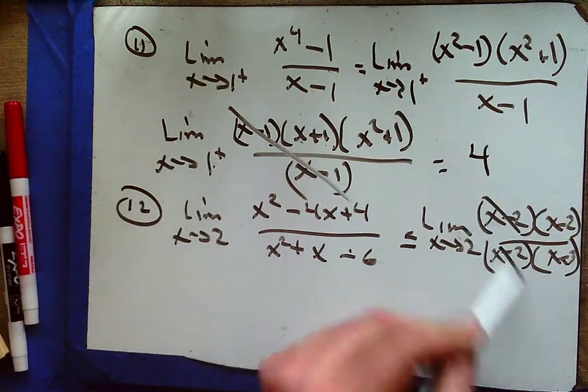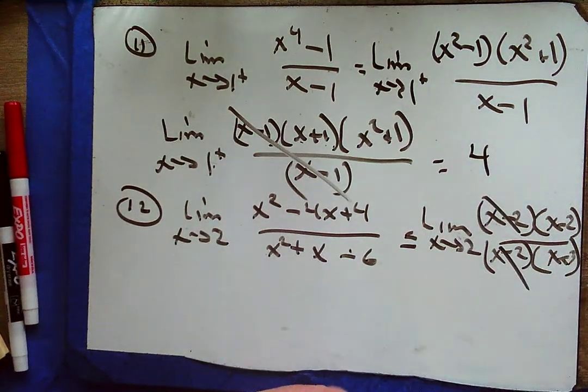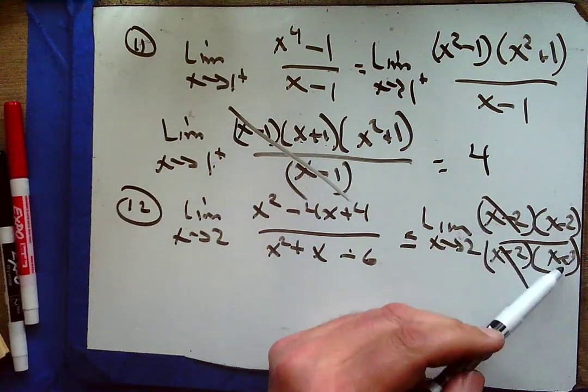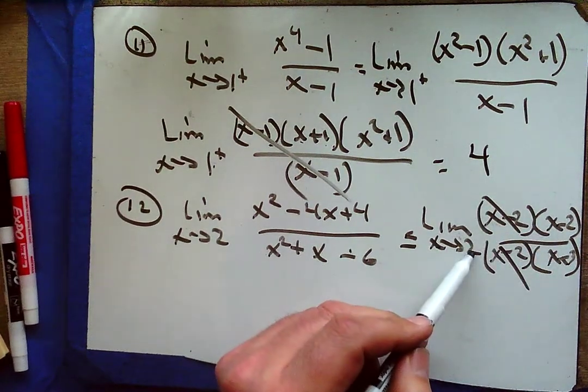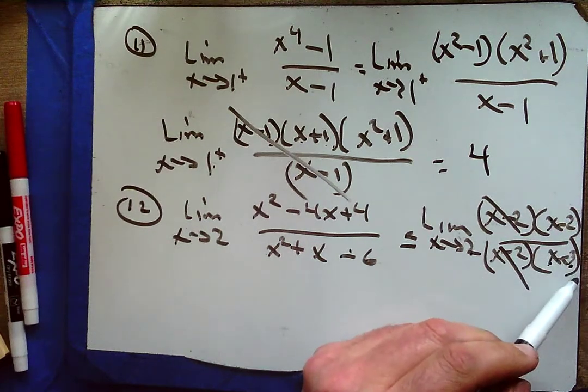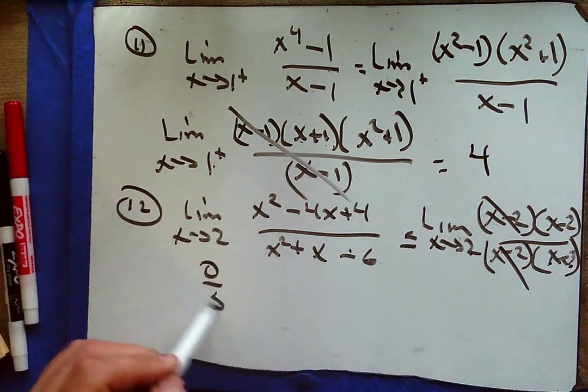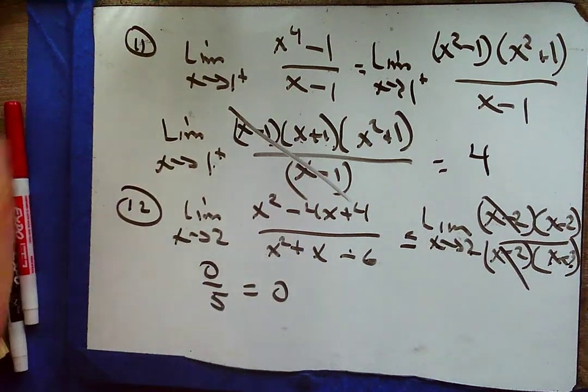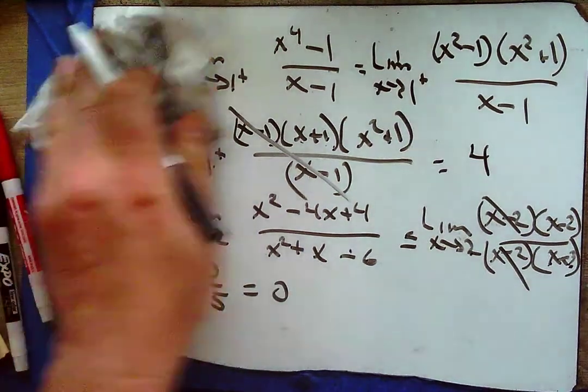So these cancel, and I'm left with this. And I'm supposed to plug in a 2 for all the x's. 2 minus 2 is 0. 2 plus 3 is 5. I've got 0 over 5, which is 0. So number 12 is 0. How about 13?